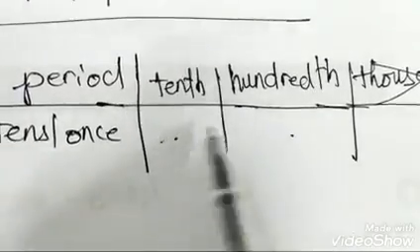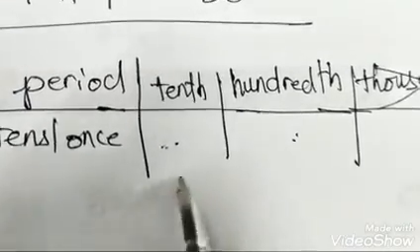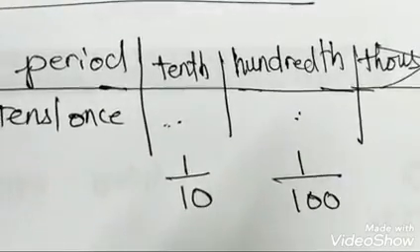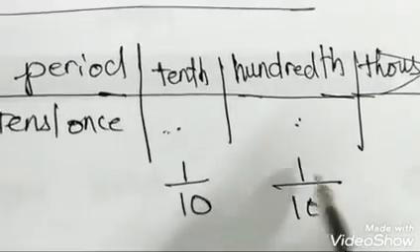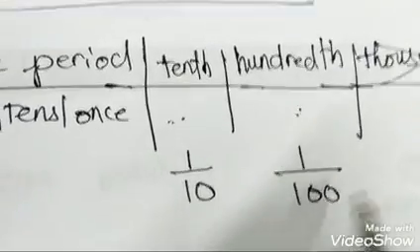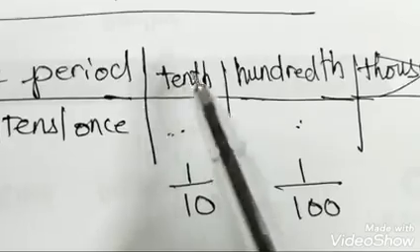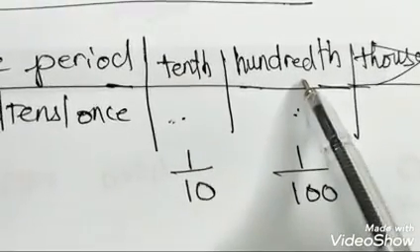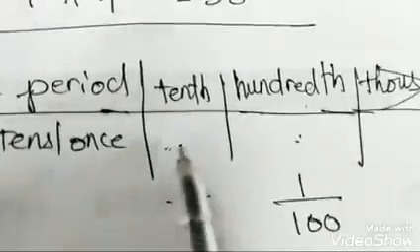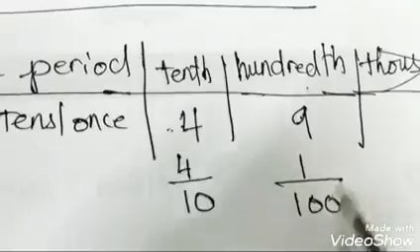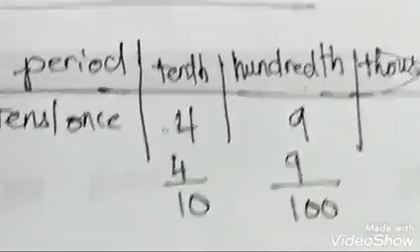These two digits, the tenths and hundredths, mean 1 over 10 and 1 over 100. The place value is tenth, and the place value for this is hundredth. Okay, and if we have 4 here and 9 here, it means 4 over 10 and 9 over 100.